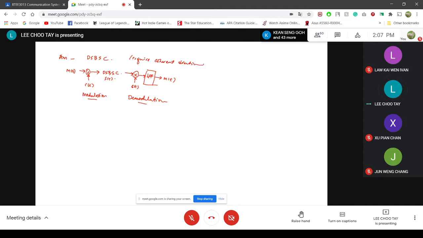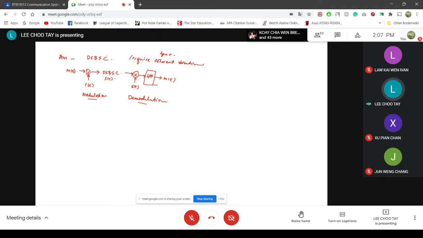If we are not able to synchronize these two carriers, then our signal will be badly faded. That is a problem with double sideband suppressed carrier signal.